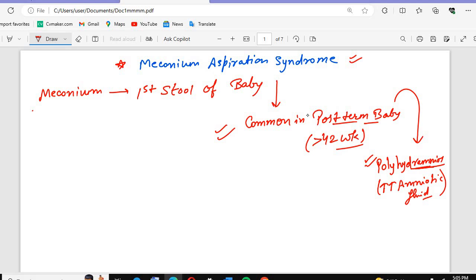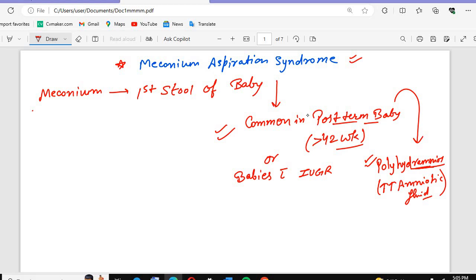Okay, so remember, this is common in the post-term baby, and along with that it can also be seen in babies with IUGR. The IUGR we will study; it can cause polyhydramnios, as well as oligohydramnios. So the babies with IUGR and the post-term baby.